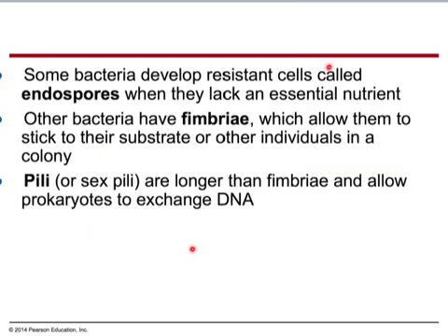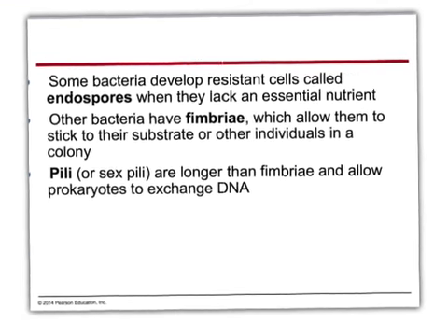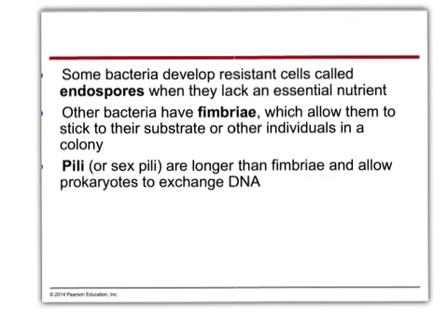Outside of that, some bacteria develop resistant cells called endospores when they lack an essential nutrient. Anthrax. What is anthrax? It's a disease, right? Caused by what? Who did a report on anthrax?